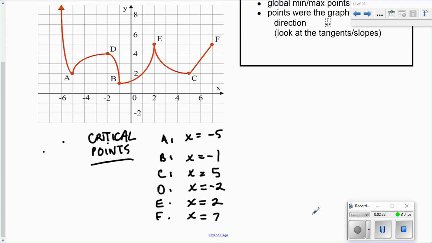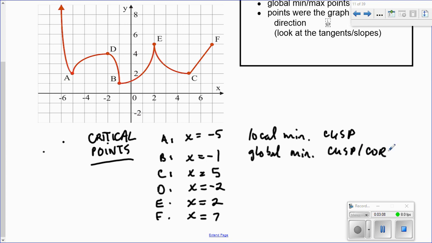So at point A, x equals -5, we've got a local minimum, and it also looks like it's a bit of a cusp point. At B, x equals -1, we've got another, maybe more of a corner point this time. We've certainly got a global, and we also call those absolute, cusp, corner.